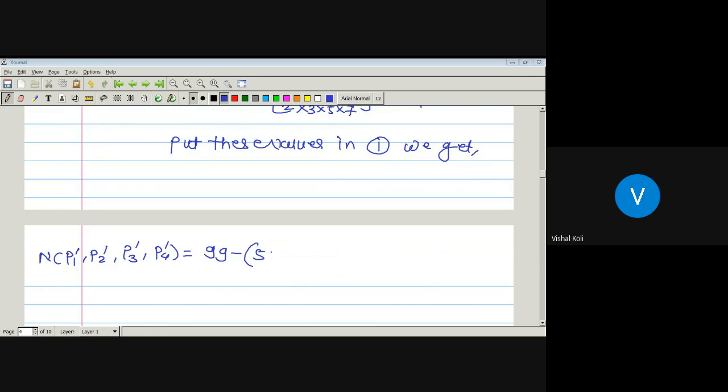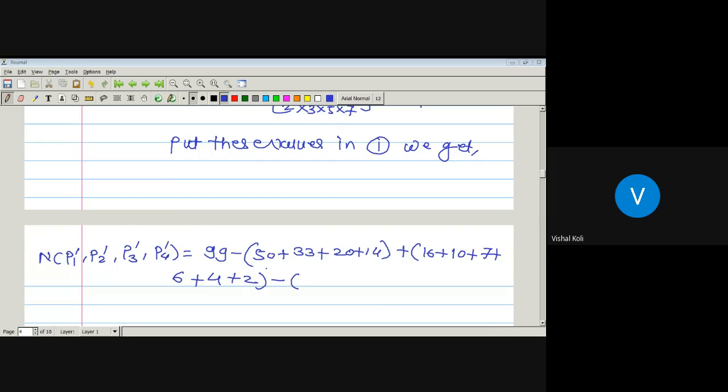What are these values? 50 plus 33 plus 20 plus 14, plus n of p1 p2 p3, n of p1 p2 p4. We have to add all those values. First, for the two properties, that is 16 plus 10 plus 7 plus 6 plus 4 plus 2, minus.